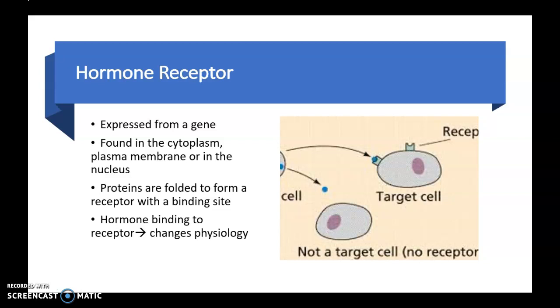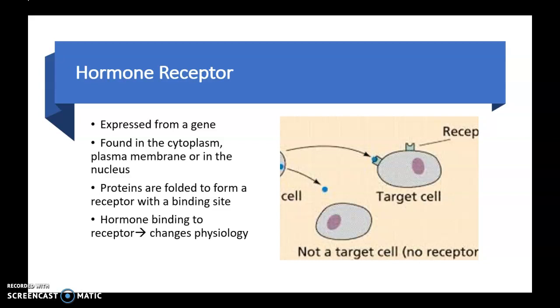You can find it either in the cytoplasm, or embedded in the plasma membrane, or you can even find it on the nucleus. Therefore, although in the picture here we do see that the receptor is sticking to the plasma membrane of the target cell, remember that the receptor can also be in the cytoplasm or on the nucleus.